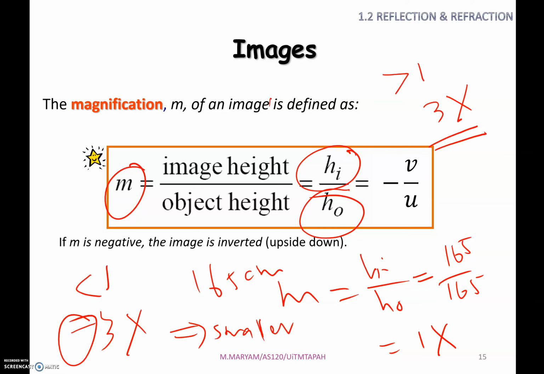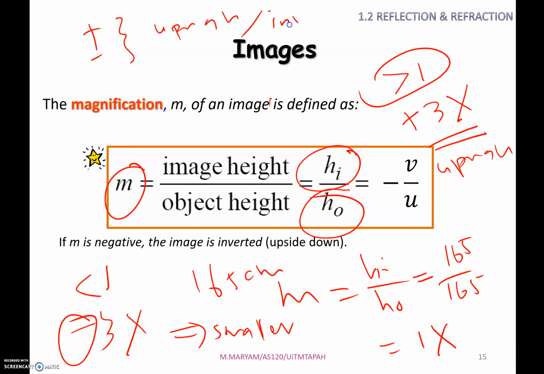But if my image is more than 1, let's say it's 3 times bigger, this means my image is magnified, and since it is in positive value, it means it is upright. So positive or negative indicates whether the image is upright or inverted.